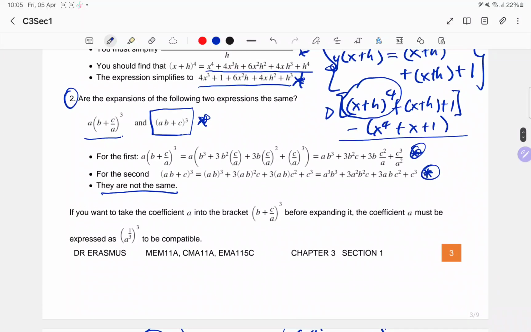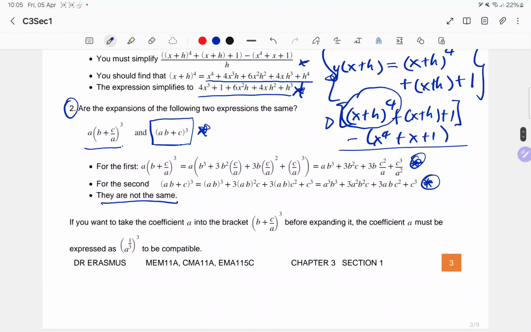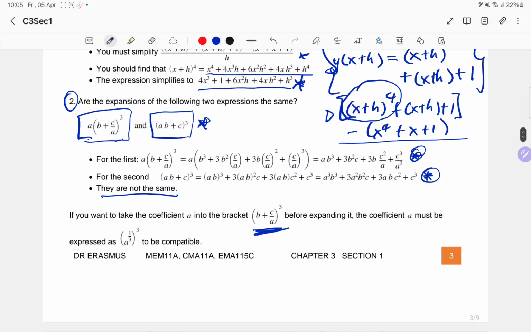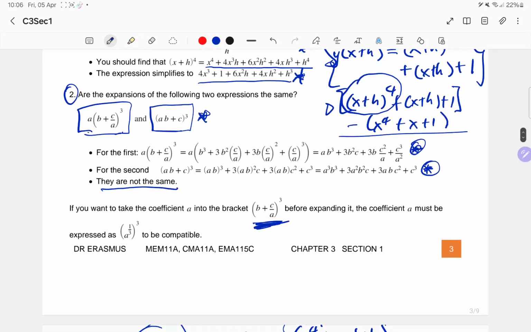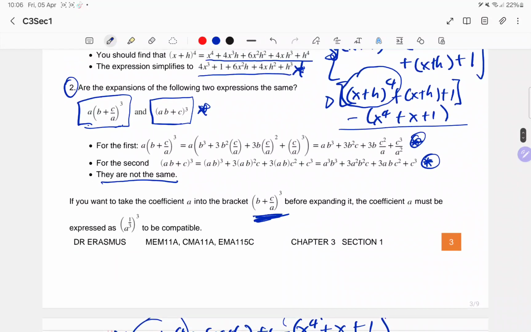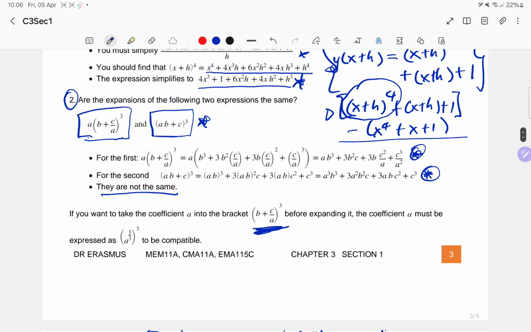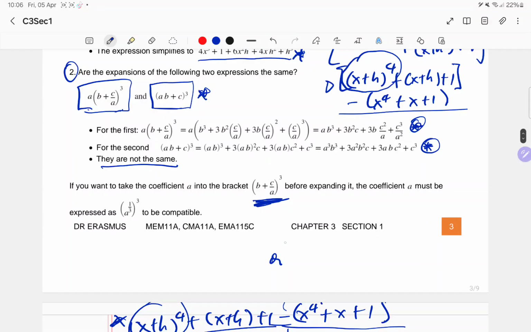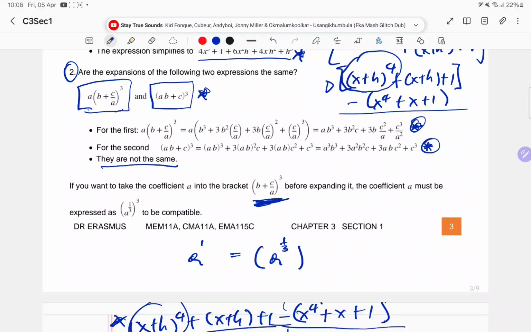If you want to take the coefficient a, so I'm talking about this expression, into the bracket before expanding it, the coefficient a must be expressed as a raised to the power 1 over 3, all raised to the power 3. So actually a is equal to a raised to the power 1 over 3, all to the power 3.